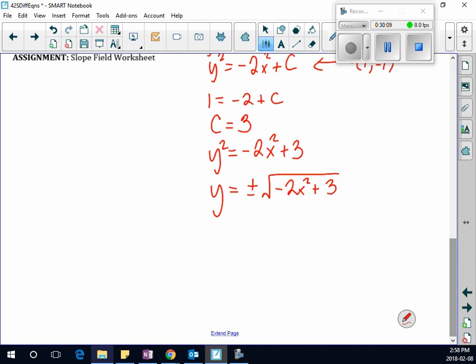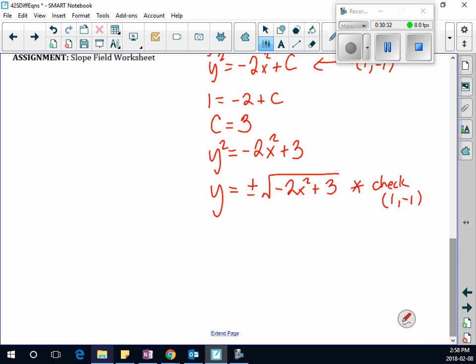Okay, so now here's the thing. Once you solve for it, it has to work for your initial conditions. So at this point, we might be rejecting one of these. You know what I'm saying? So we need to check 1, negative 1 and see if it works. So just do it by pure inspection.